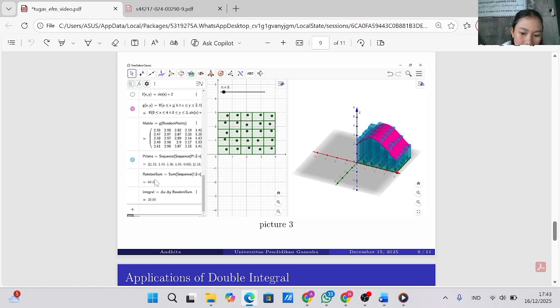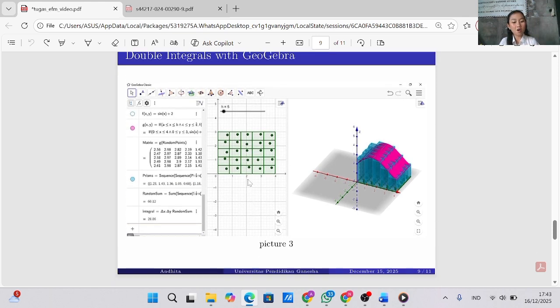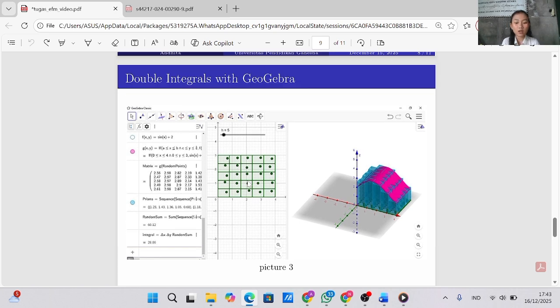Next, the result obtained is approximately 28.9, which is consistent with the manual calculation. The calculation is the same. So, this shows that GeoGebra helps us understand double integral both visually and mathematically.